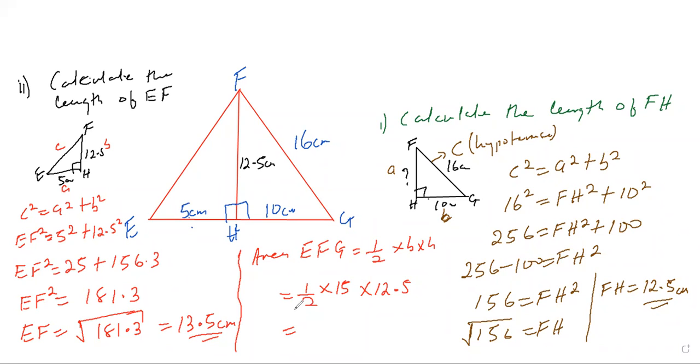93.75. 93.8. Okay, do me a favor. When you multiply 1 times 15 times this, what do we get? 15 times 12.5, what do you get on a calculator, please? 187.5. 187.5.